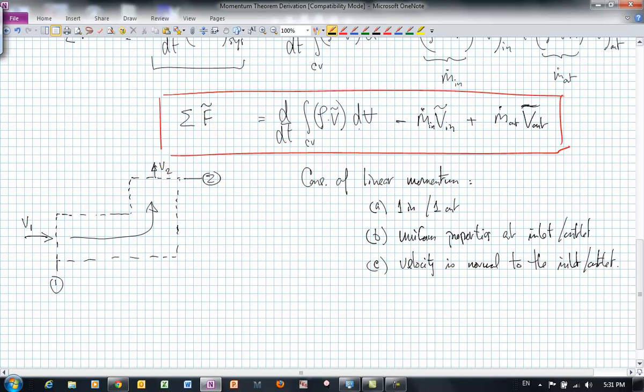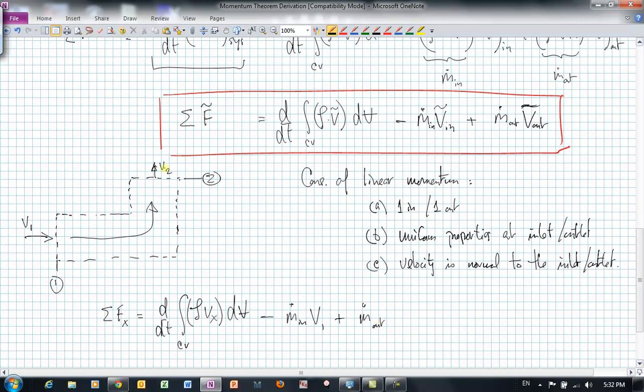What this equation is telling us right here is that the sum of the forces in the x direction is going to be equal to d dt, the unsteady term, of rho Vx over the volume, minus what comes in, and what comes in is in the x direction only, so I'm going to have m dot in times V1, plus what goes out, which is m dot out, certain value.